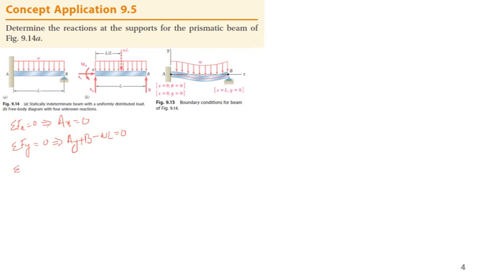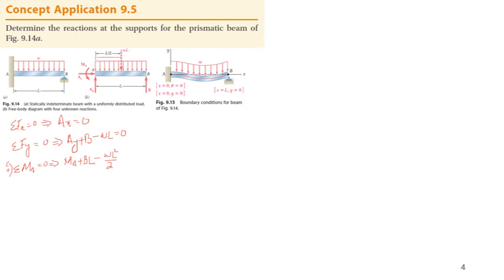And if we take moment at A equal to 0, this leads to the moment at A, this is the reaction, plus BL, I'm writing the final form, and you can write it with respect to sign and you will get the final form, minus W L squared by 2 for this one.